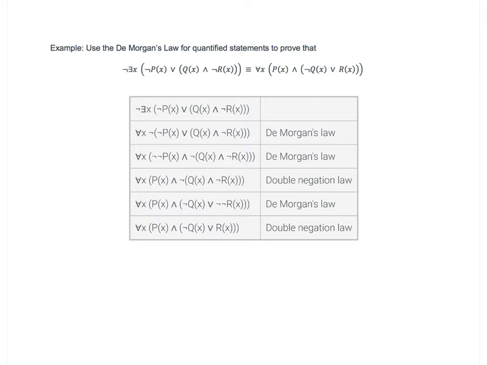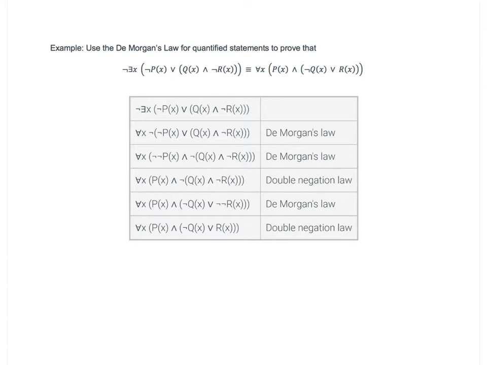So it would be for every x, negation of (not p of x or q of x and not r of x). And then we distribute the outermost negation over the parentheses, which is a disjunction.